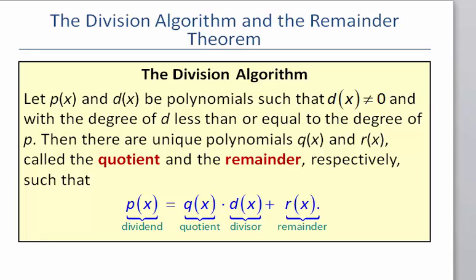So let's say, for example, that we were asked to divide 17 by 5. When we divide 5 into 17, we know that 5 goes into 17 3 times, and it leaves a remainder of 2.